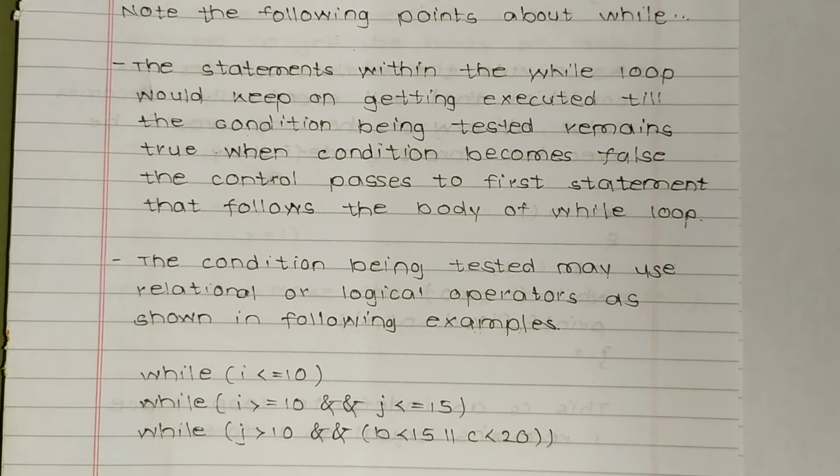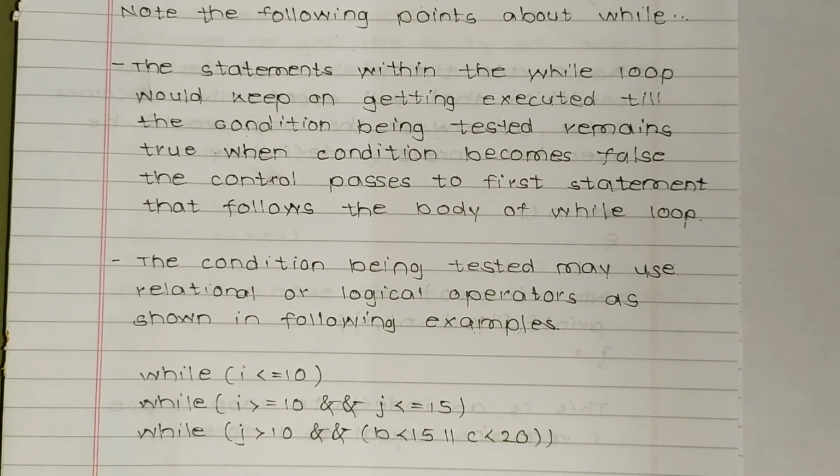When the condition becomes false, that is, it has counted up to 3 times, the control passes to the first statement that follows the body of the while loop. It ends after the condition becomes false.